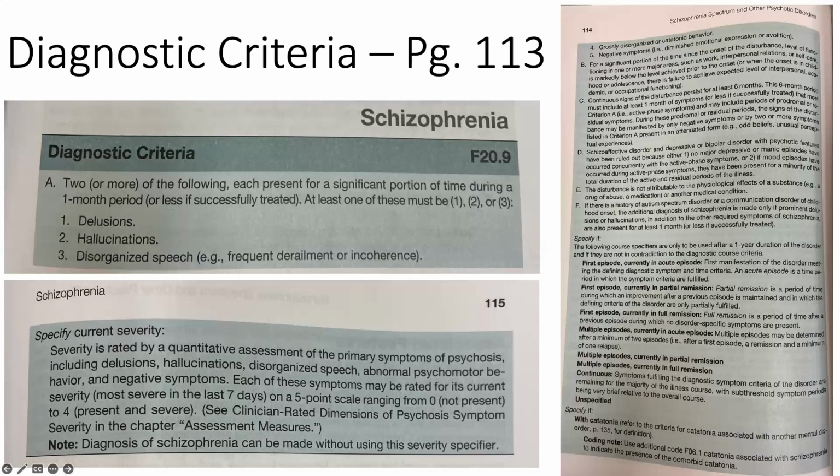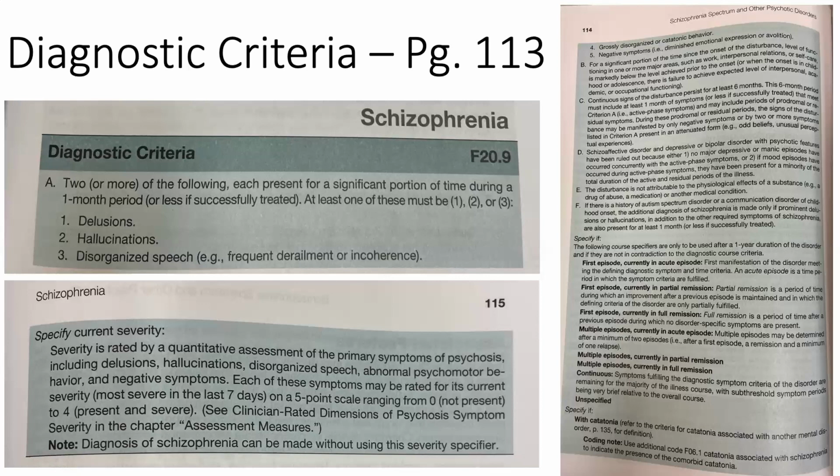And then go over to Part B. For criterion B, impairment is present in one or more areas of functioning. So an individual has difficulties with work or school, relationships, or even general self-care and hygiene.